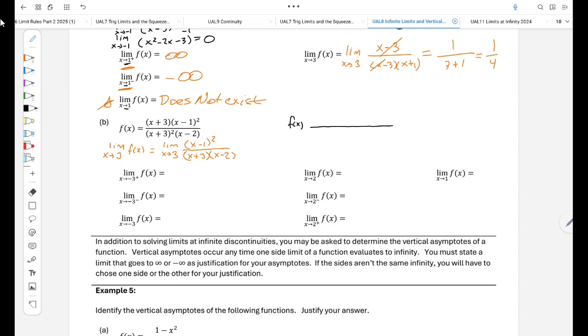This is going to be a sign chart for f of x. They essentially do have the same signs, even canceled. They're still the same graphs. I've just possibly plugged a hole by making a cancellation. In this case, I haven't even done that. Anyway, so those numbers are -3, 1, and 2.